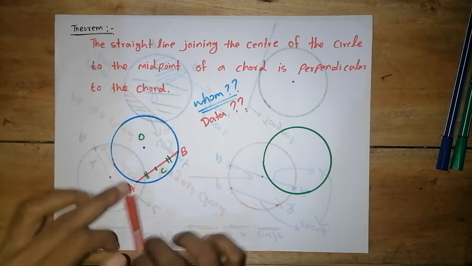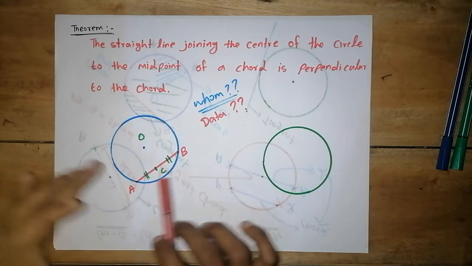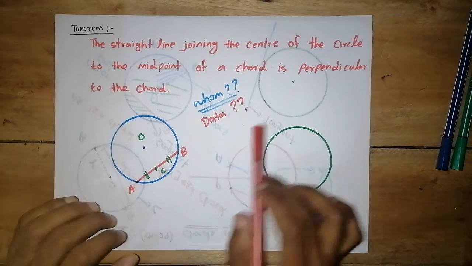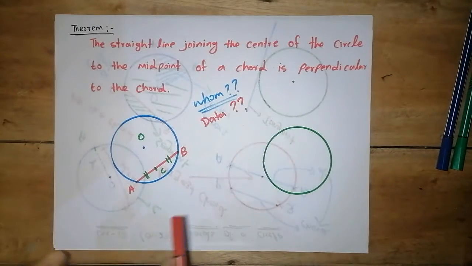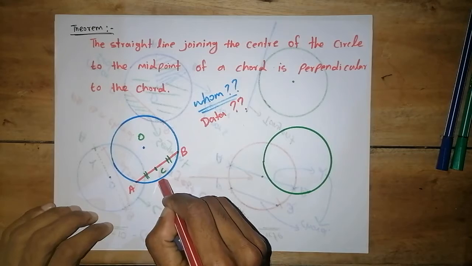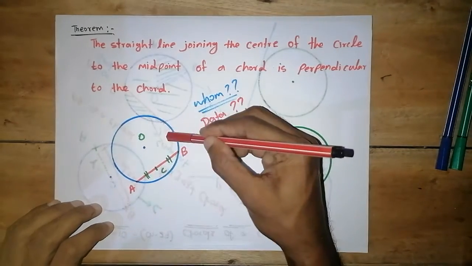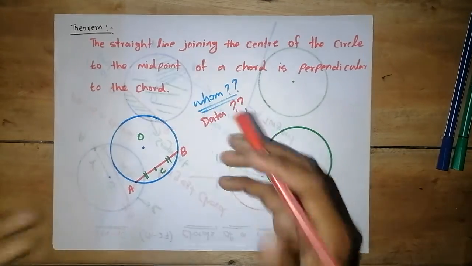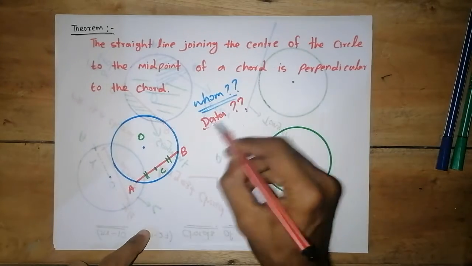Okay, so this is not the part the theorem is speaking about. Those are given. We have a chord, we have the midpoint of the chord, and we have the center of the circle. So we call it data.